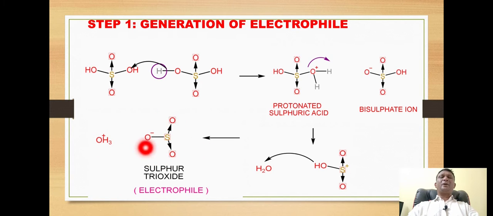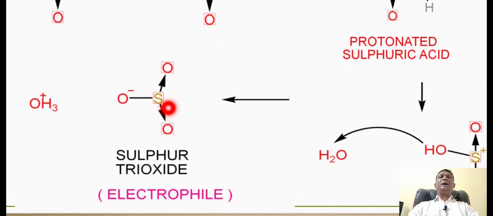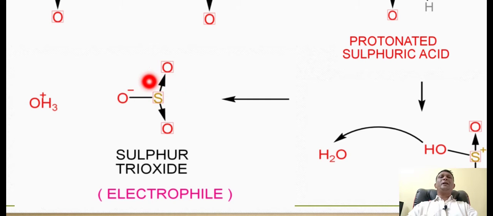In sulfur trioxide, the sulfur atom is surrounded by 6 electrons only: 2 electrons of this sulfur oxygen bond, 2 electrons of a sulfur oxygen coordinate bond, and the 2 electrons of the other sulfur oxygen coordinate bond.